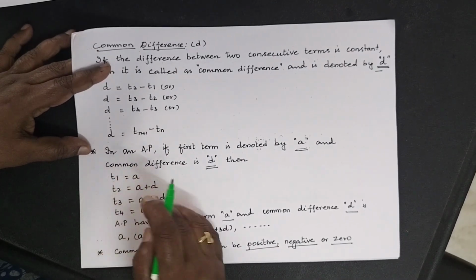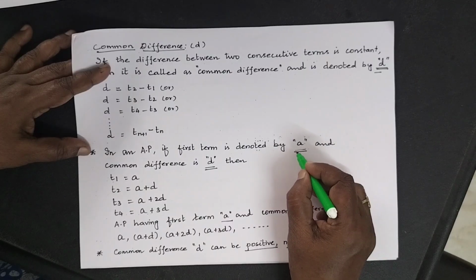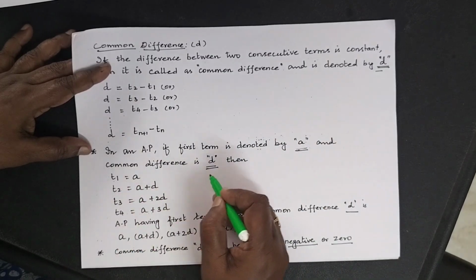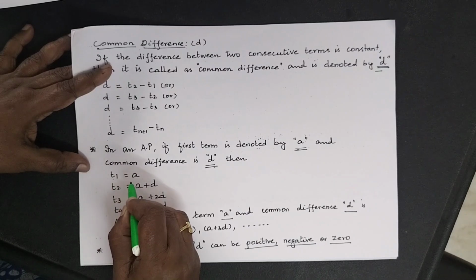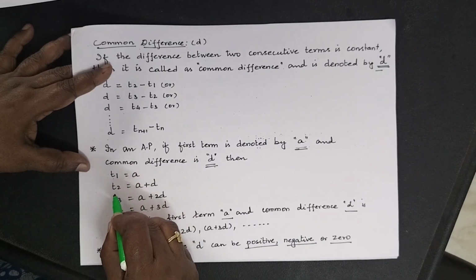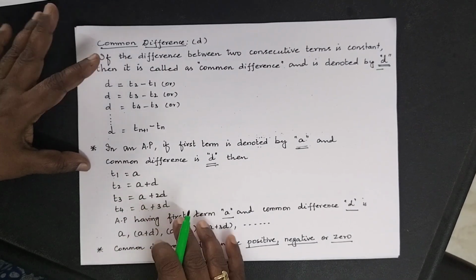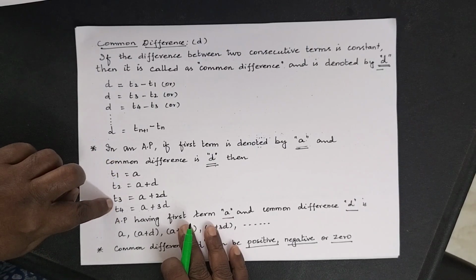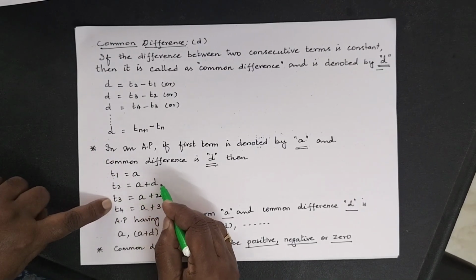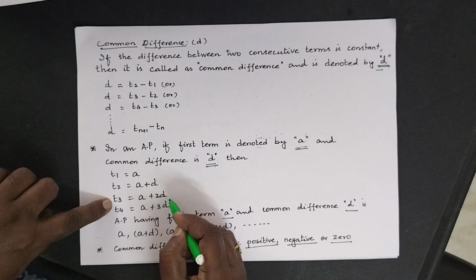Now, in an AP, if the first term is denoted by a and the common difference is d, then the first term T1 is equal to a, T2 is equal to a plus d, just add the common difference to that. T3 will be a plus d plus d, so a plus 2d.